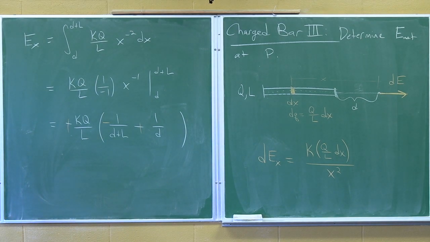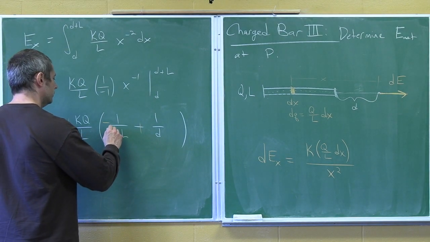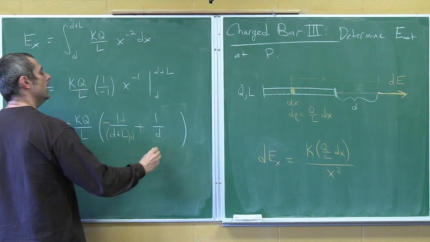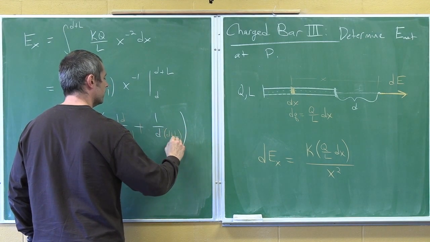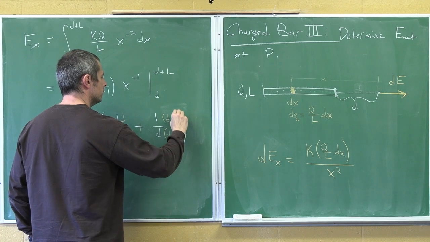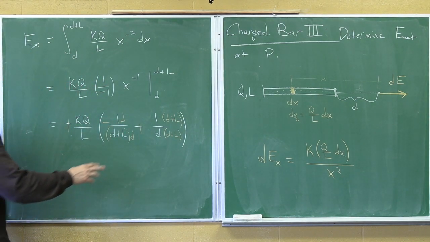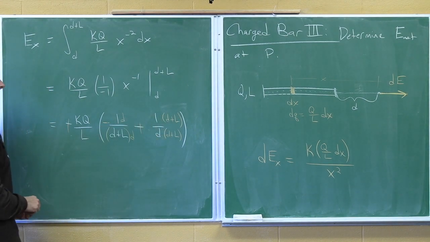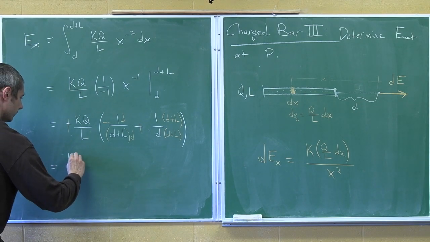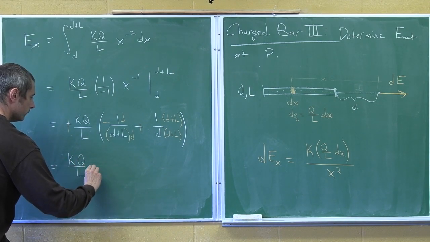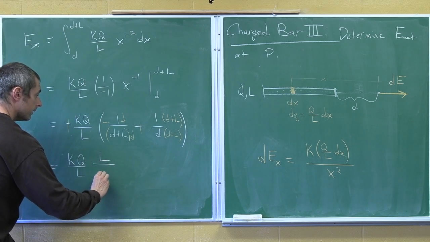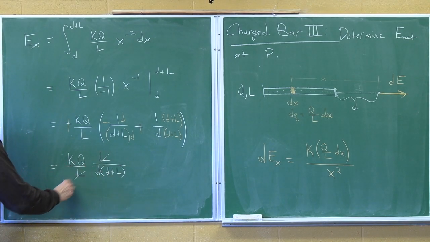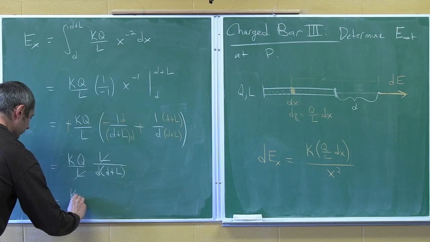Then what I'm going to do is find a common denominator over here to simplify. d times d, d over d. And then over here, d plus L, d plus L. And so what I have is d plus L minus d in the top, which just gives me L. The L's go away, and I get my final result.